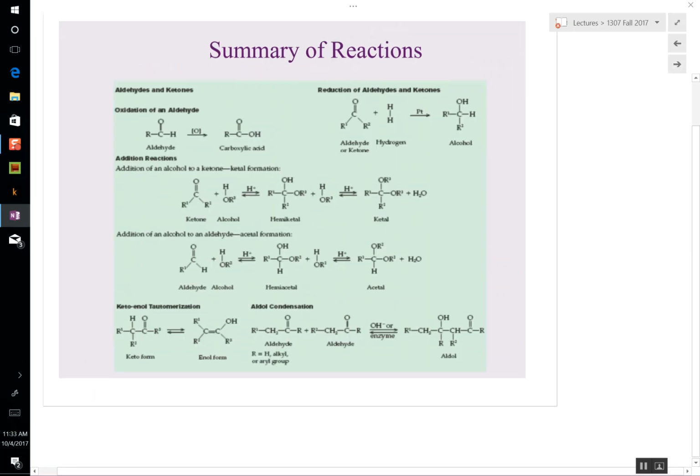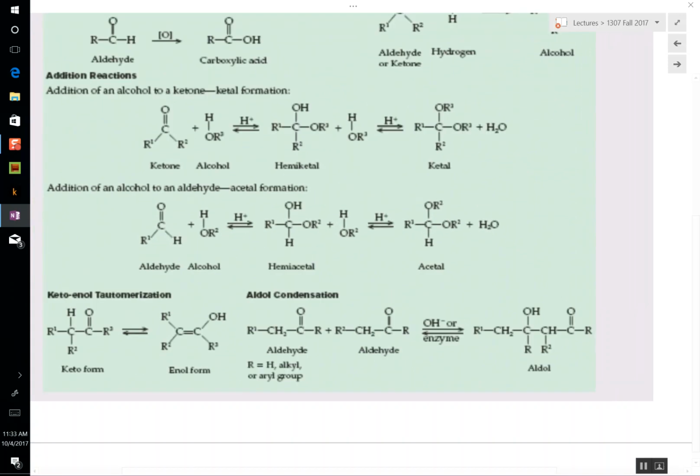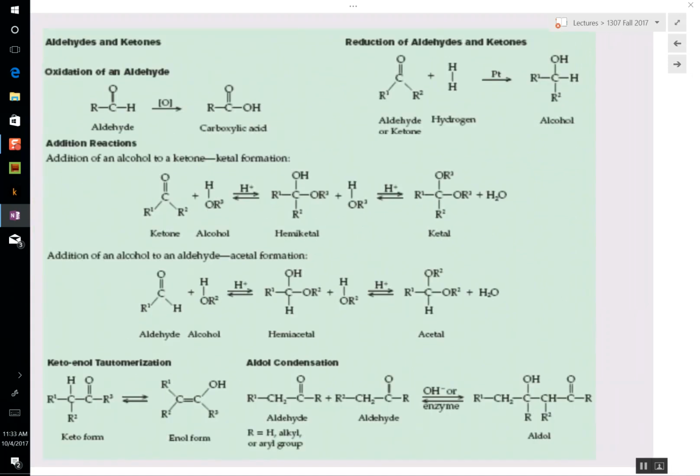And then this is probably a little earlier edition than your current book. All right, we ignored these reactions. The keto-enol tautomerization, so don't worry about that. The aldol condensation, not that they aren't important reactions, but just the scope of things, we'll stick with this.